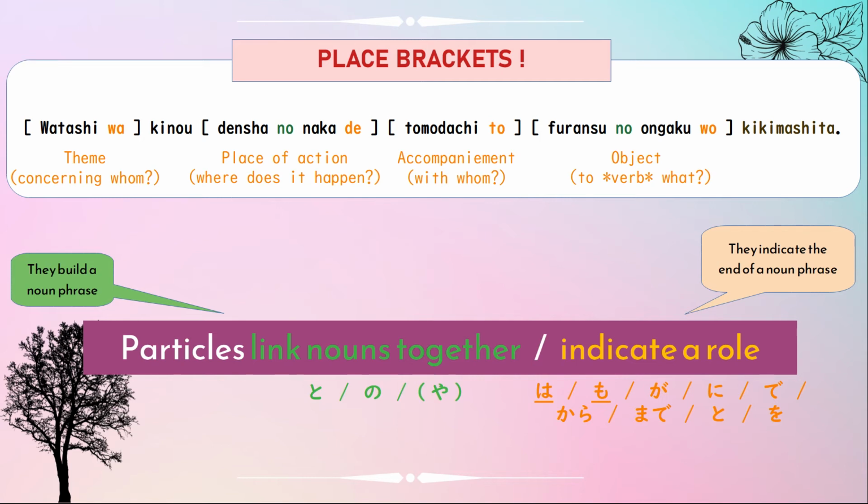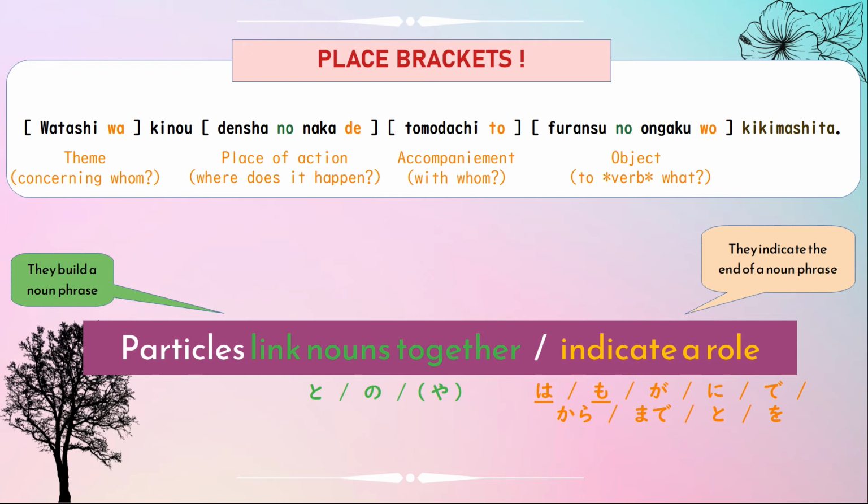And of course, you also have the role of all these noun phrases. So wa indicates the theme, so concerning whom. Here, concerning me. Then "densha no naka de" is the place of action, so where does it happen? "To", when it means "with", indicates the accompaniment, so with whom.